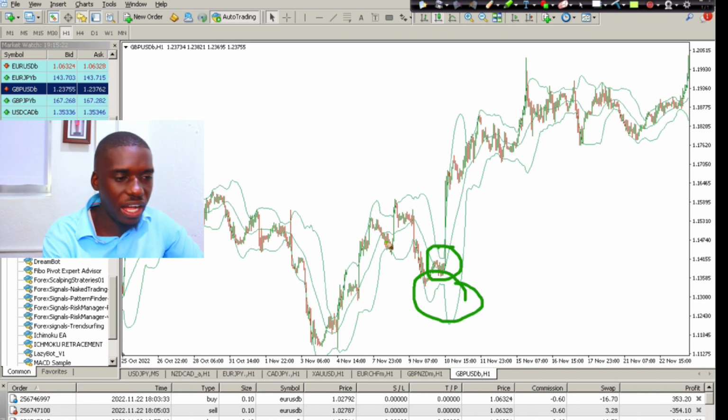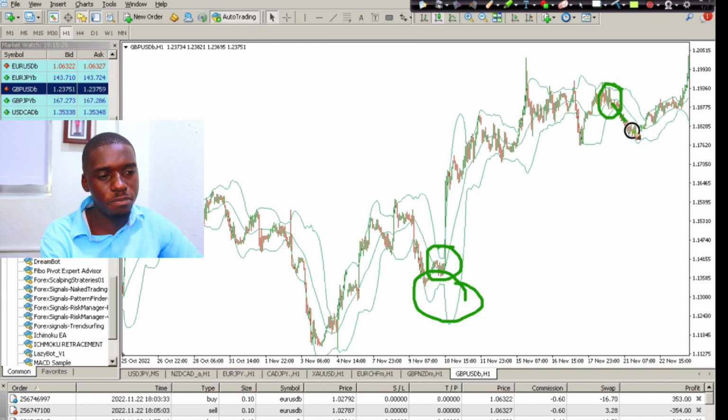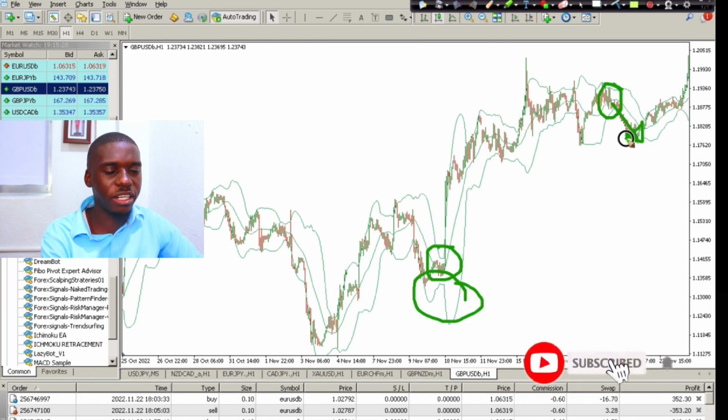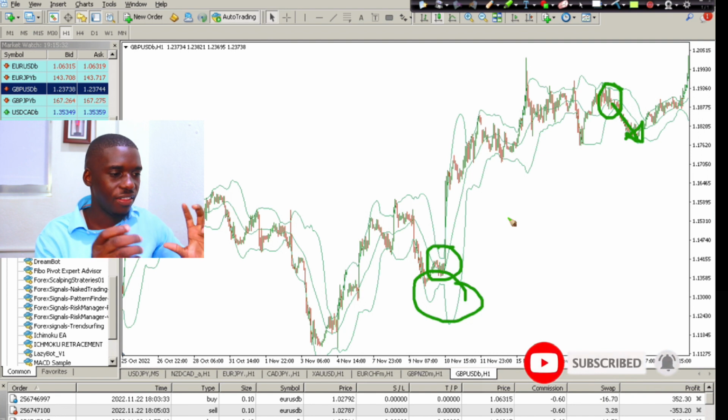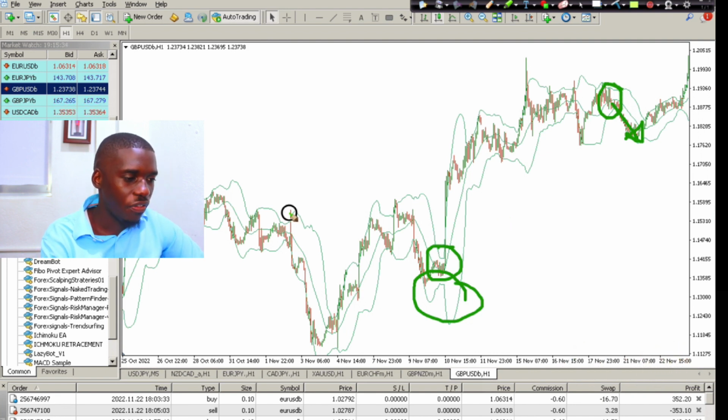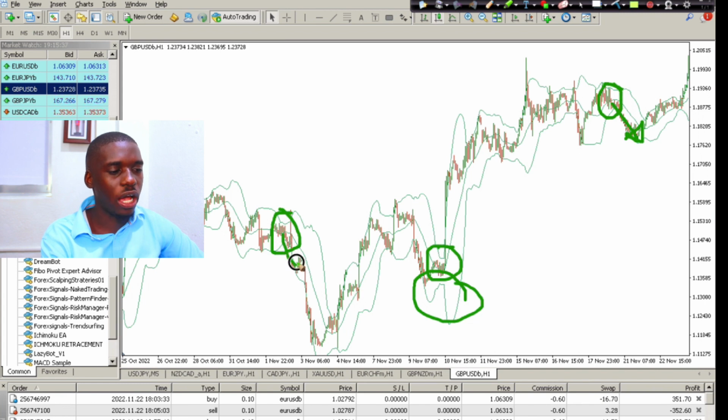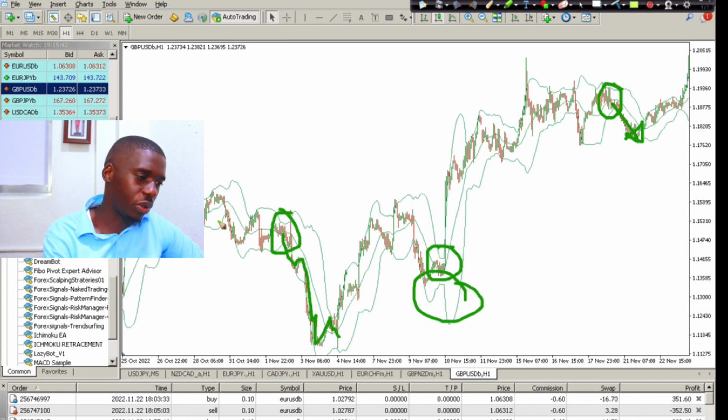Whenever the bands are narrowing, we expect to experience high volatility in that market. So whenever you see a squeeze, it signifies that you're going to experience a particular trend, a volatility in that trend.